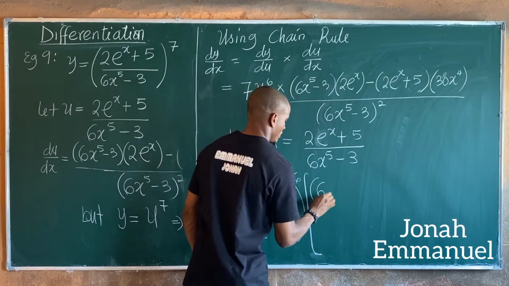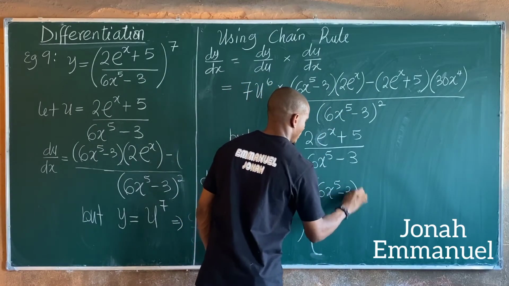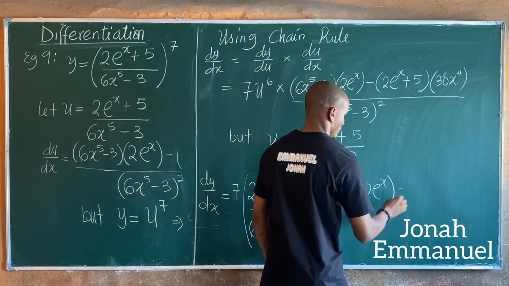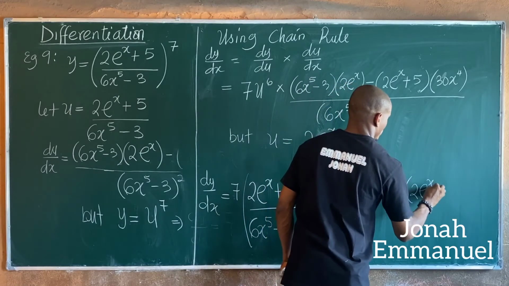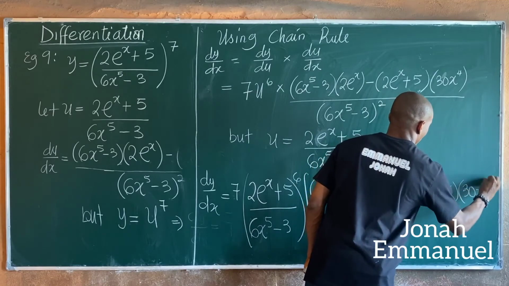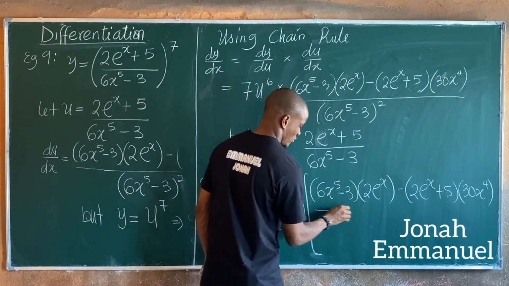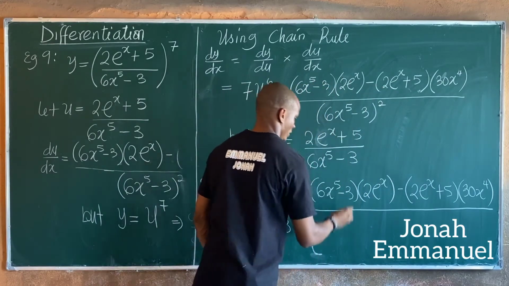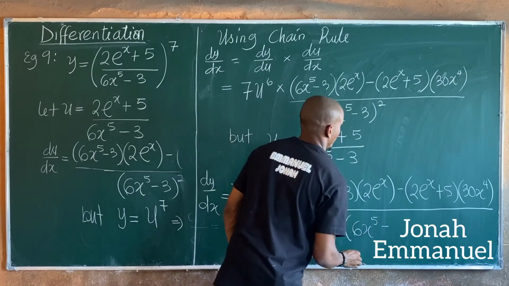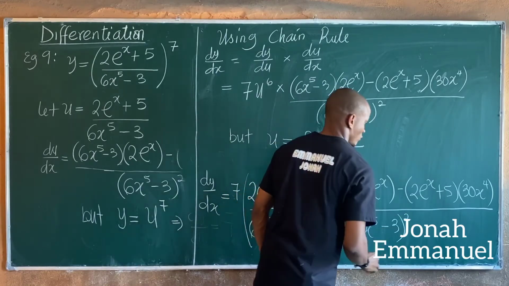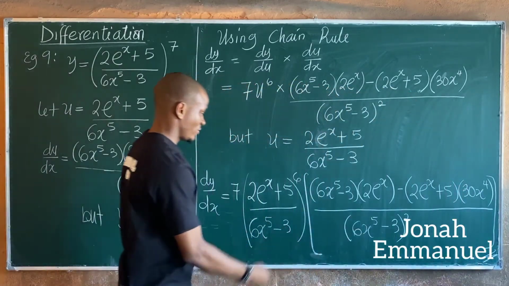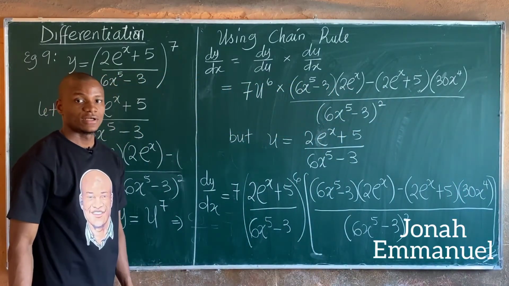That gives you 6x to the power 5 minus 3 into 2 exponential x minus 2 exponential x plus 5 into 30x to the power 4, all over 6x to the power 5 minus 3 all squared. So I'm having this case like this. So this now becomes the answer to that differentiation.